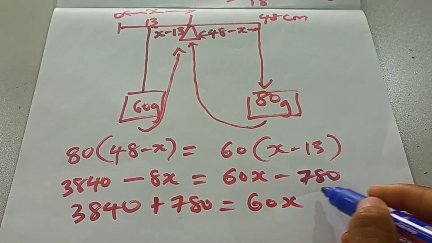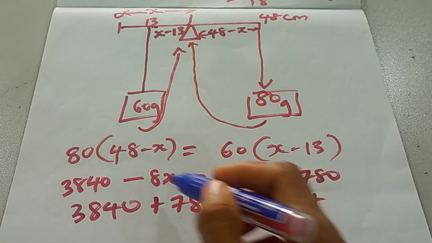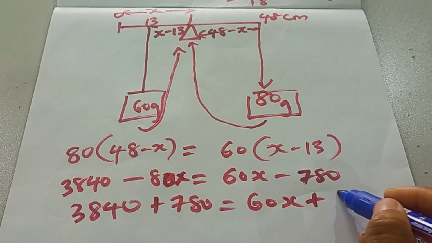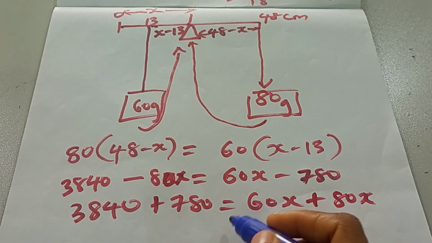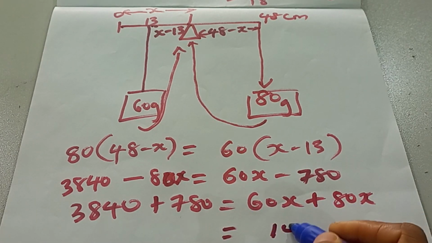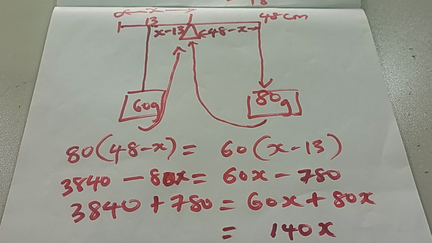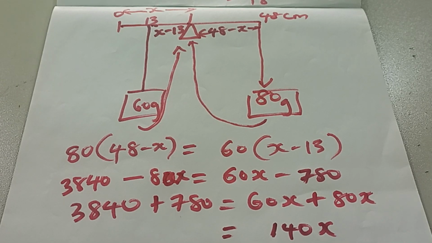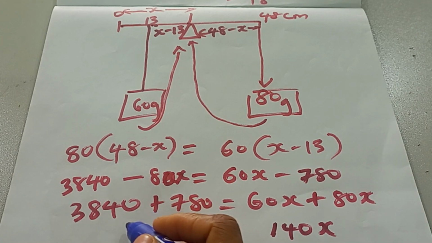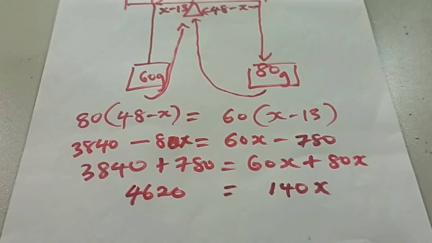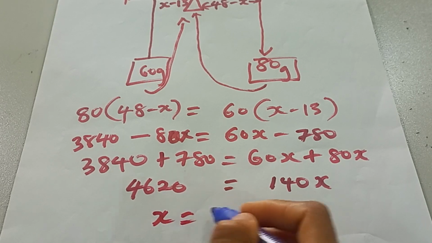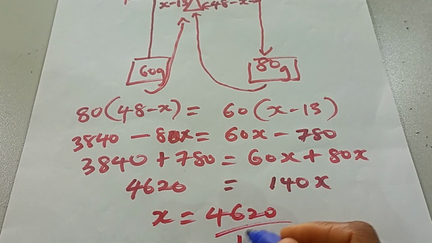This one crossing the equality sign, we can have it to be 80x. So here now we have 80 plus 60 to be 140x. Then 780 plus 3840 will give us 4620. So we can go ahead and find our x. x will be 4620 over 140.